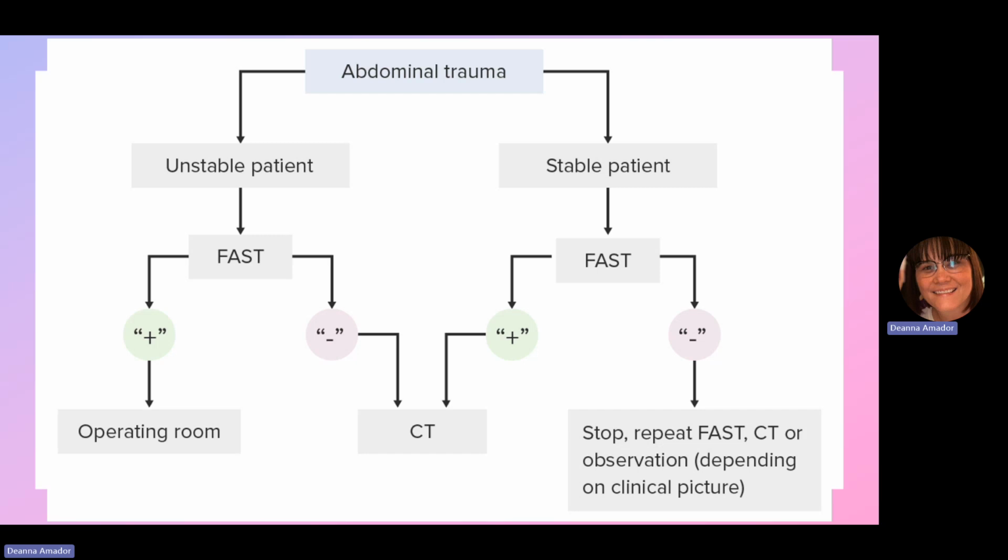And this has to do with what is called damage control surgery. I told you if there's hemorrhaging that they're going to take them for emergent surgery. It's called damage control surgery, and it's indicated for trauma patients that are at the point of death and require immediate surgical control of hemorrhage and contamination.